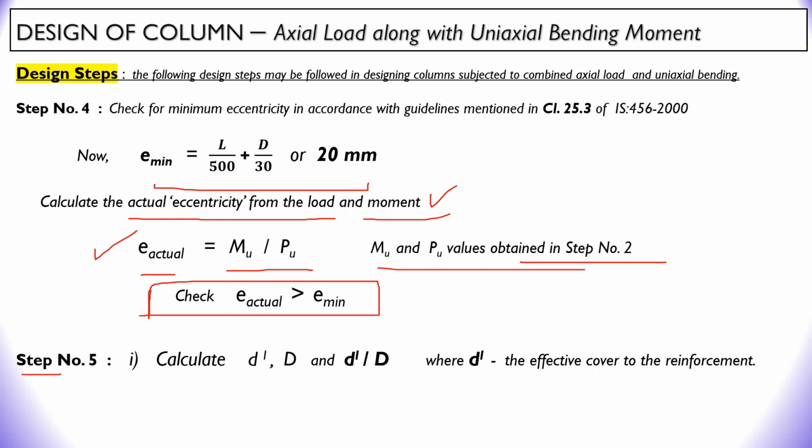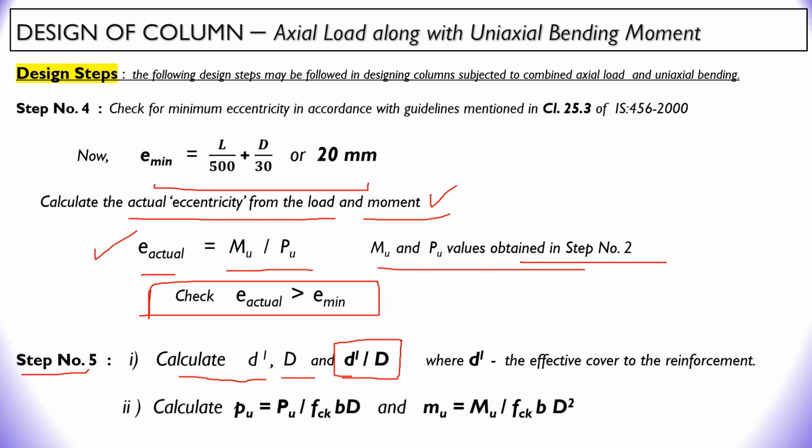And now in step number 5, first of all we have to calculate the effective cover, that is D dash, and the overall depth of the section or lateral dimension. Then we have to find out this ratio D dash by D, because based on this ratio and other parameters, we will be able to get the information, and we can use the charts available in SP16.